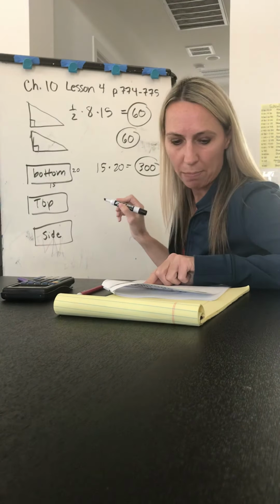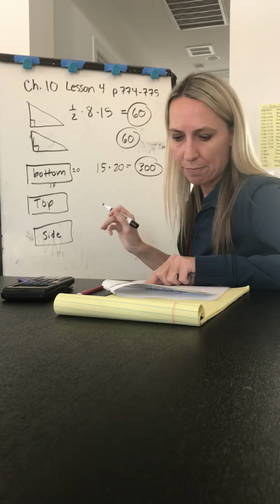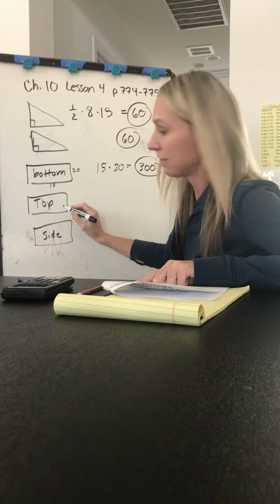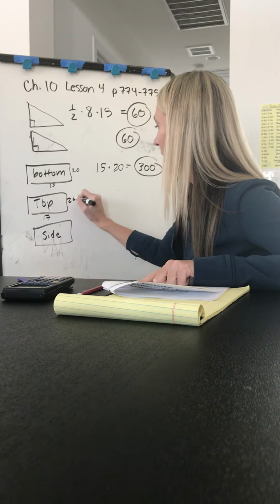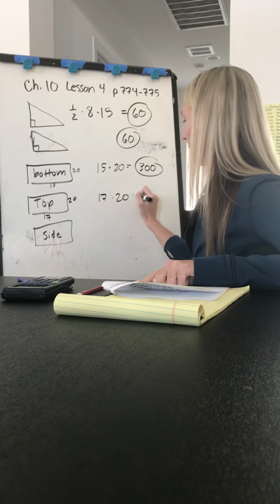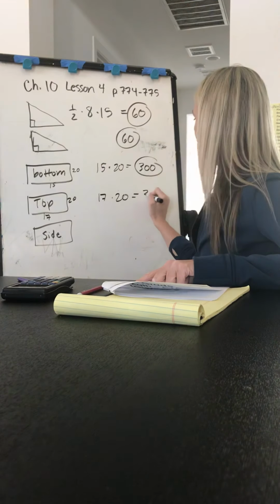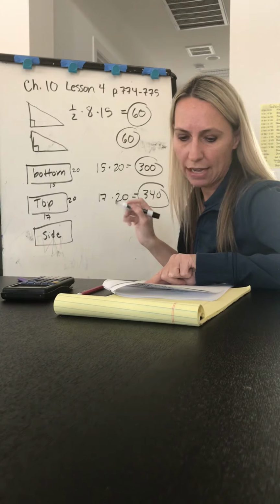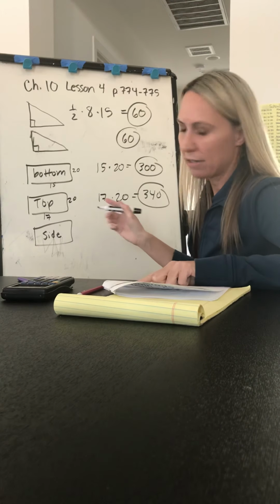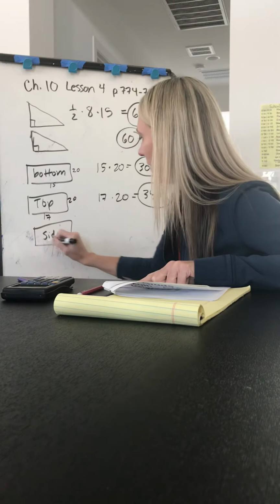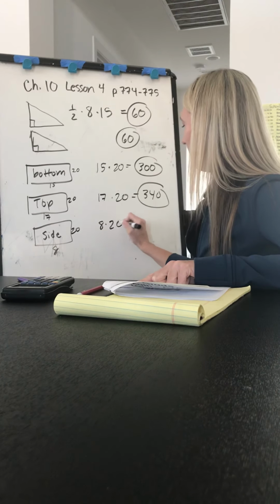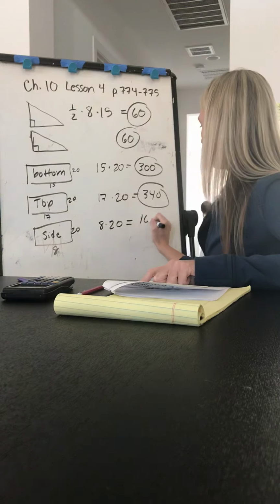And then the top part is the one that slopes down. That one is 17 times 20, and we get 340. Then the side, which is the smaller one in the back, is 8 times 20, which is 160.